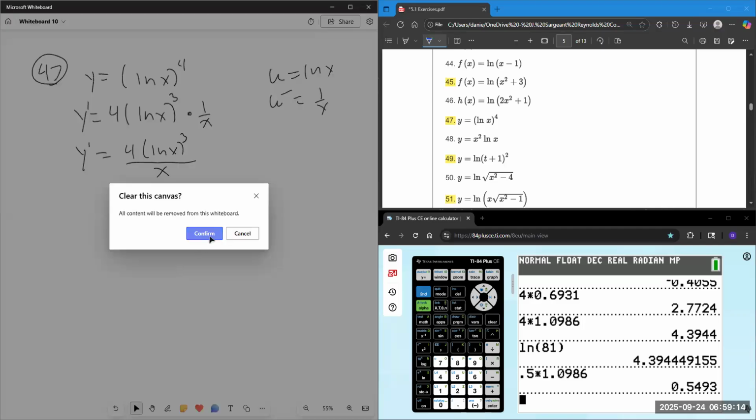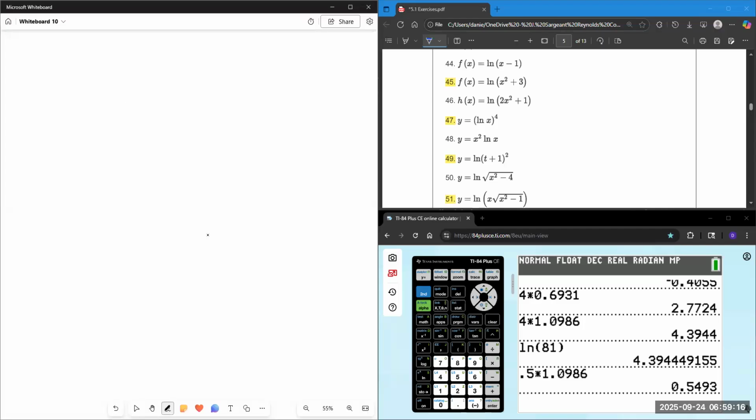49. Is y equals ln of t plus 1 to the second. So I can use a log property here to simplify y to be 2 ln of t plus 1. And that's helpful.